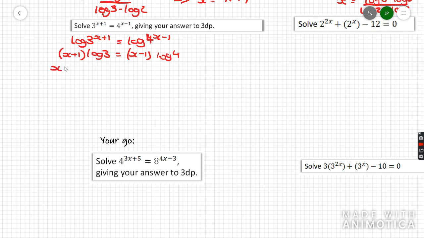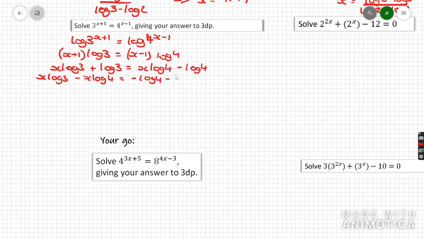So we'll go x log 3, so expand your brackets on both sides, plus log 3 equals x log 4 minus log 4. All your x's on one side, so we'll go x log 3 minus x log 4, and move the other parts across, equals minus log 4 minus log 3.